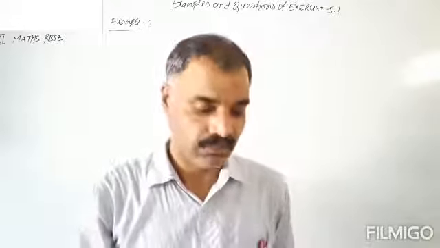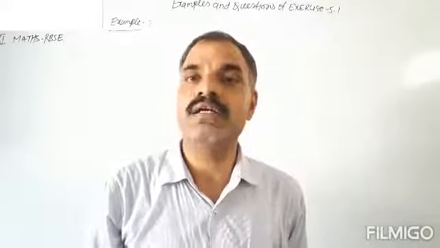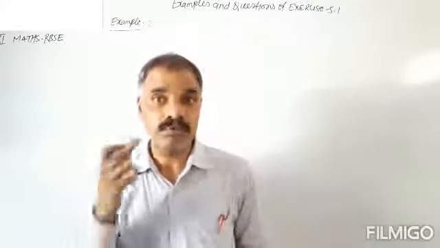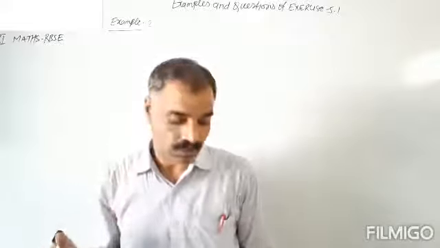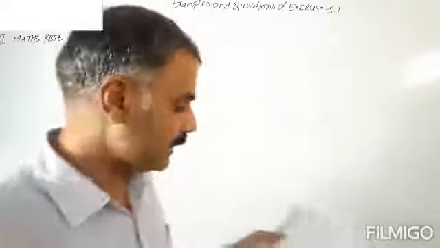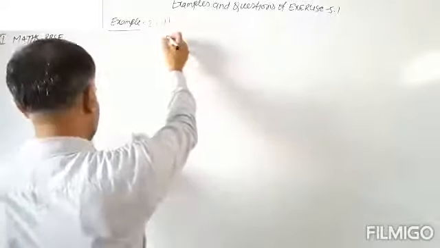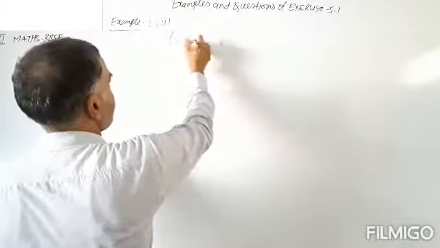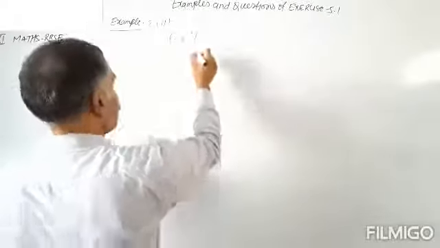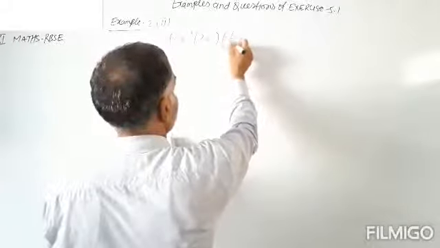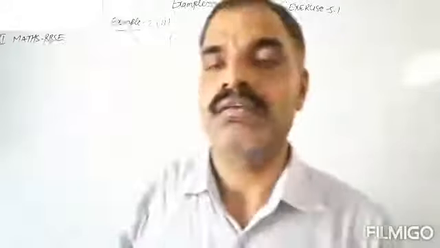Two or three parts are given, and you have to express these in standard form. I will take the second part of the second example: minus iota multiplied by 2 iota multiplied by minus 1 upon 8 into iota. All the iotas are in the numerator.